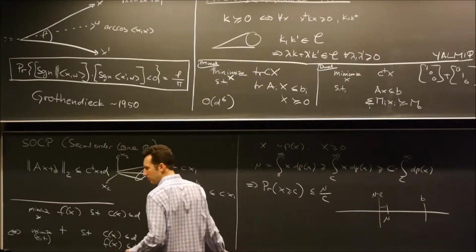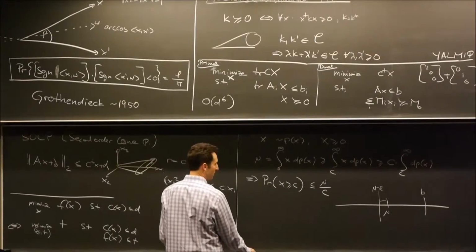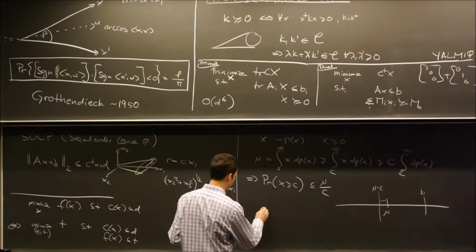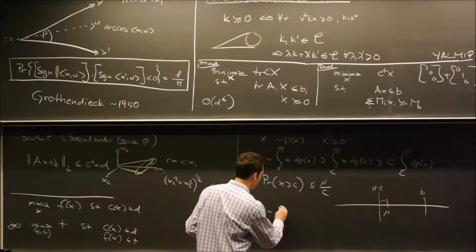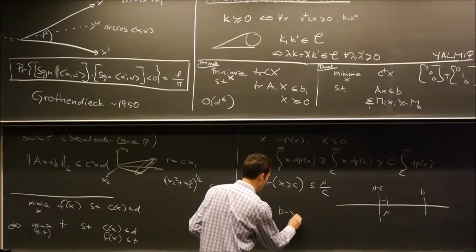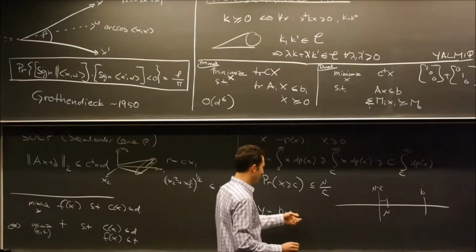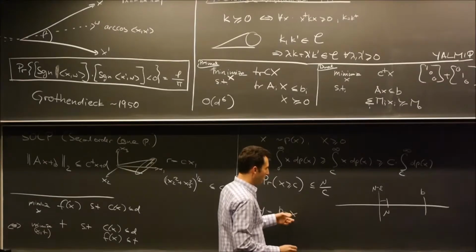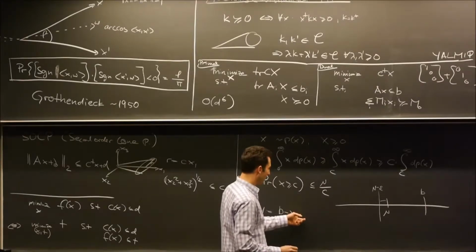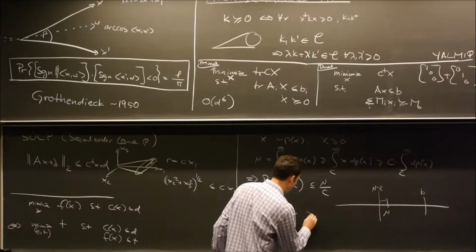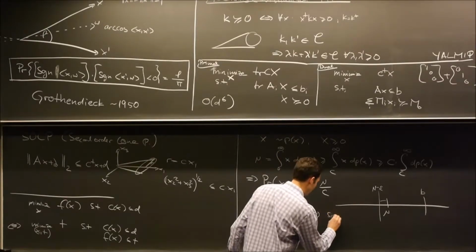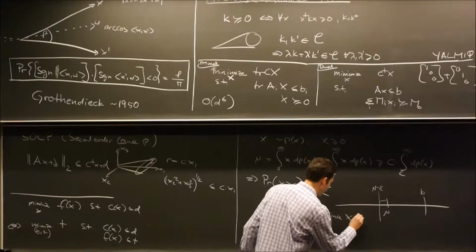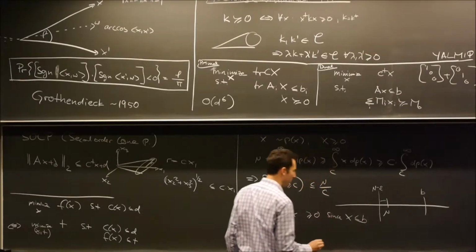And so what I can do is I can just define a new random variable. Let's define y equals b minus x. I know that this random variable here is greater or equal than 0, since x was less or equal than b.